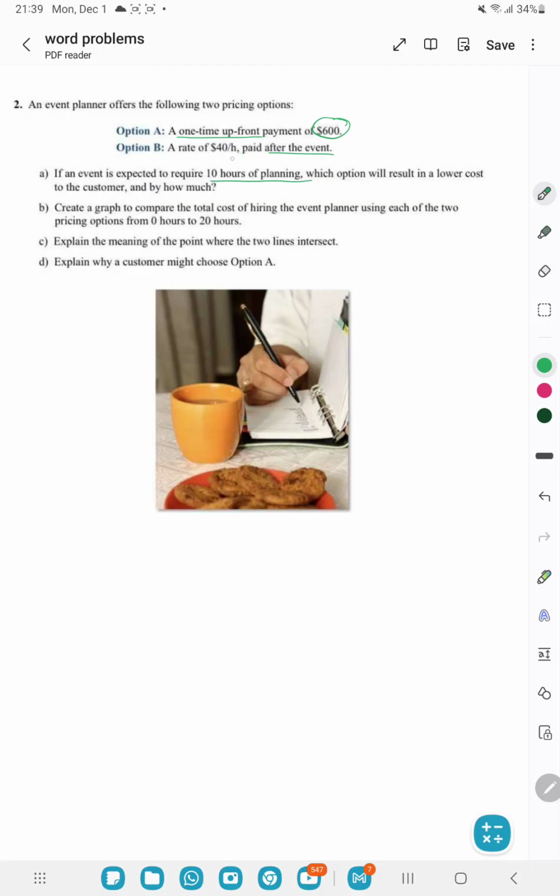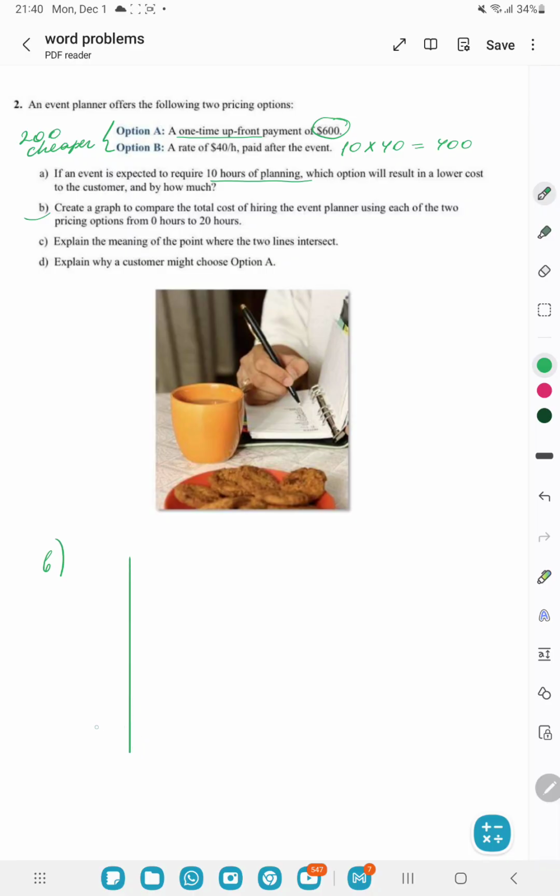The other is a rate of $40 per hour paid after the event. With 10 hours, 10 times $40 will be 400. So it has a lower cost, and by how much? It's $200 cheaper.